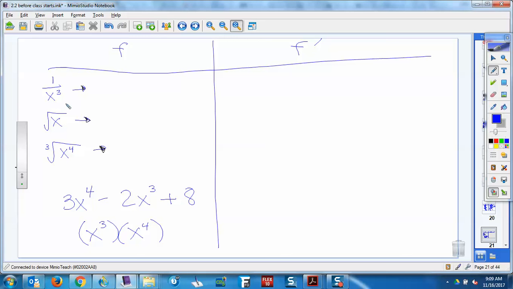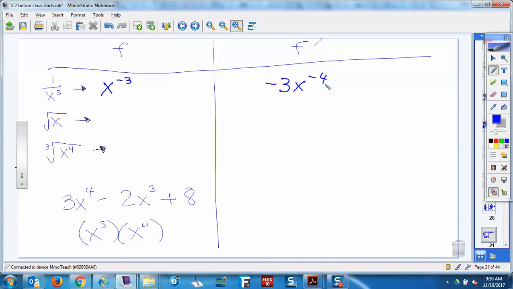So what if you had 1 over x cubed? Sometimes we have to rewrite these so they fit our rule. So 1 over x cubed is x to the negative 3. Now, what would our derivative be? Negative 3 x to the negative 4th. Make sure you subtract correctly.